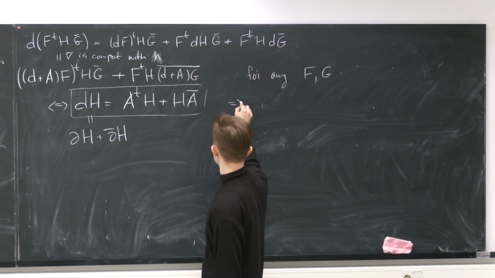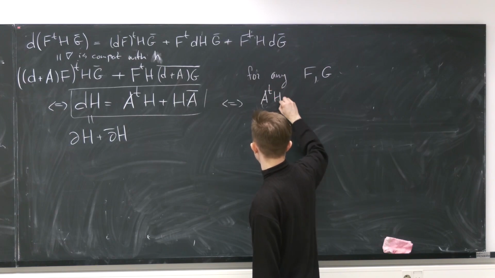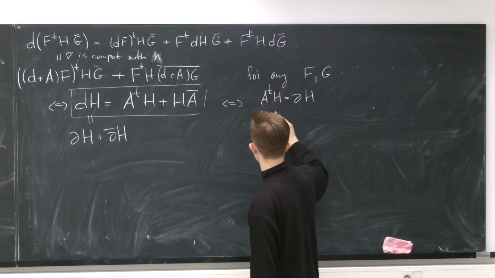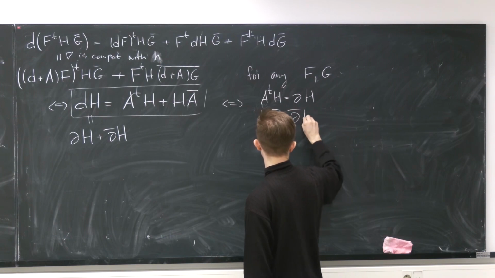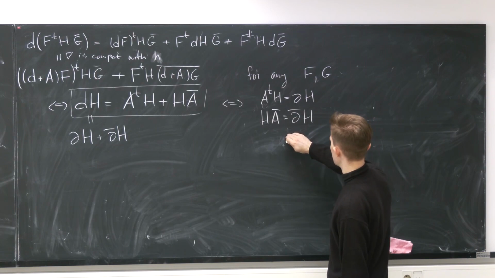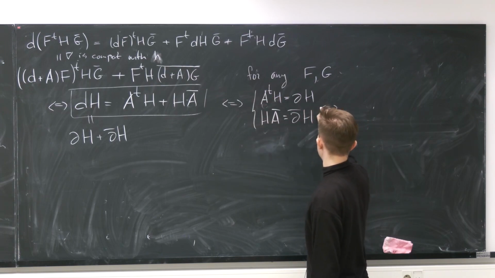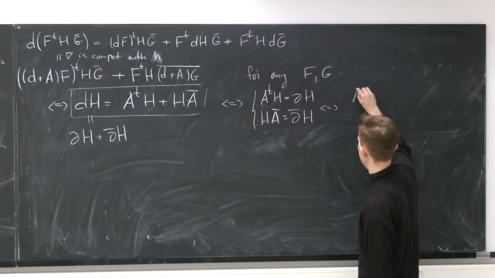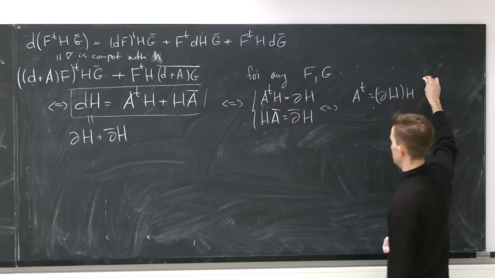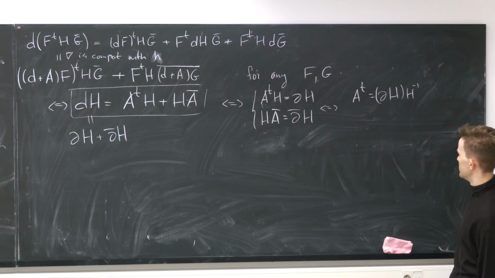So actually this will be true if and only if A transposed H equals del H and H A bar equals del bar H. And this is if and only if A transposed is del H times H inverse. And the second condition is actually equivalent to the first one.